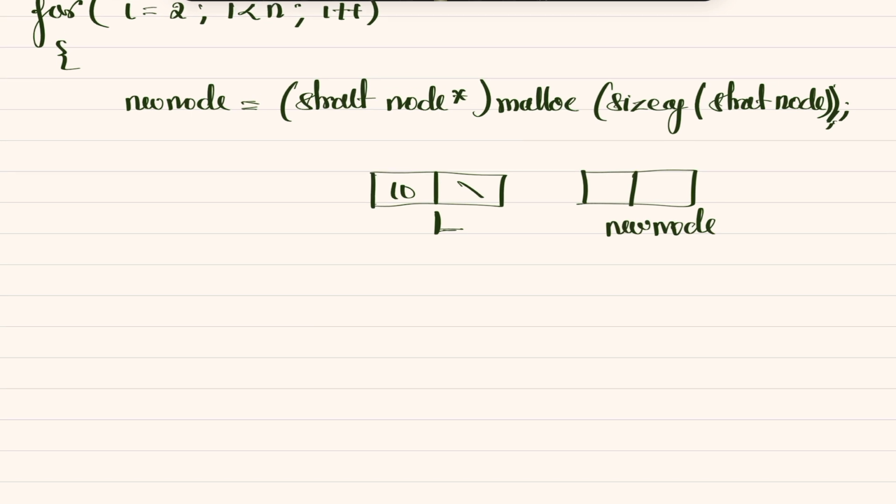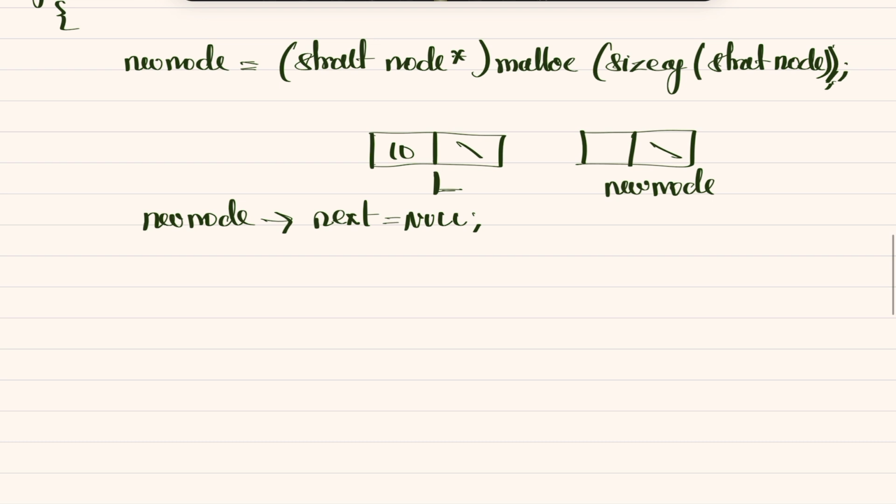The statement says that we already know, new node of next is initially null, which means that the next field is null, and here we are going to read the value of data through the scanf statement.